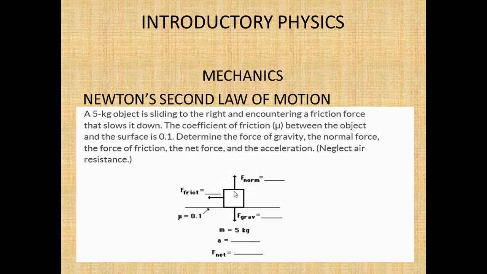This object is slowing down, so the net force on this object is the frictional force, which is slowing it down. Again, we're given the mass, so we can calculate the force of gravity, and as a result, we'll know the normal force.